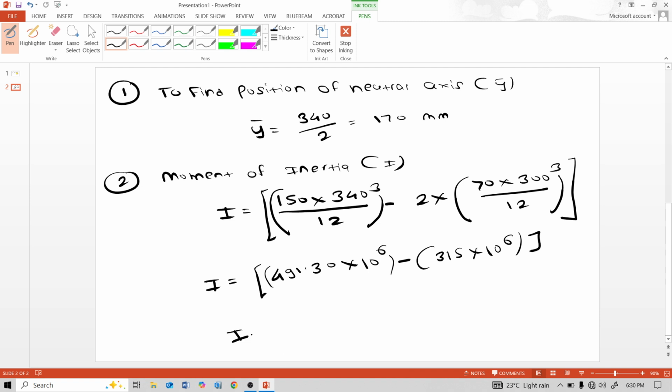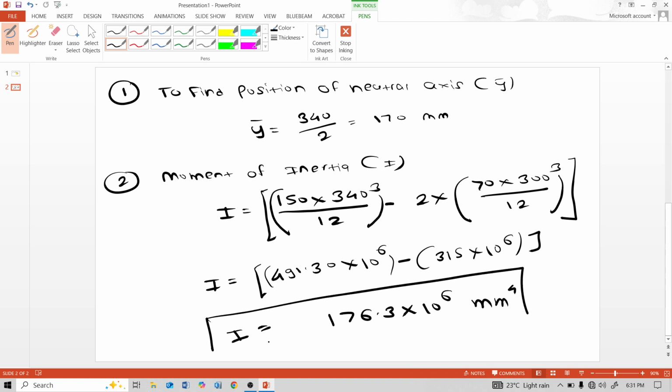So the moment of inertia for the I section is 491.30 minus 315, 176.3 into 10 raised to 6 mm raised to 4. This is the moment of inertia, and this is the position of neutral axis for the I section.